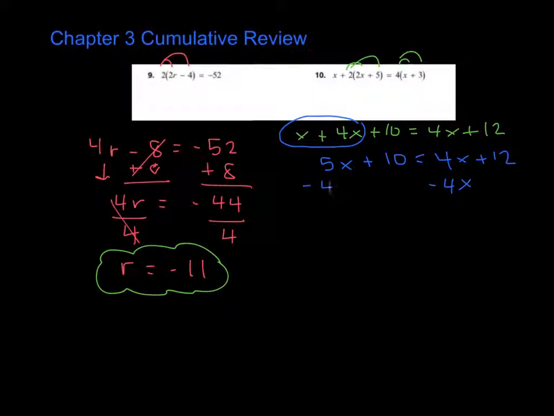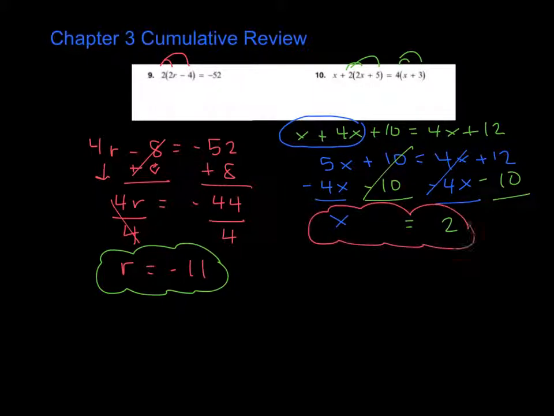Because remember, you want to get all your variables on one side of the equation and all your numbers on the other. So since I decided to move my x's to the left, I'm going to need to move this 10 to the right by subtracting 10. So that will cancel, and it'll be equal to 12 minus 10, which is 2. So that gives me my final answer, which is that x would be equal to positive 2.